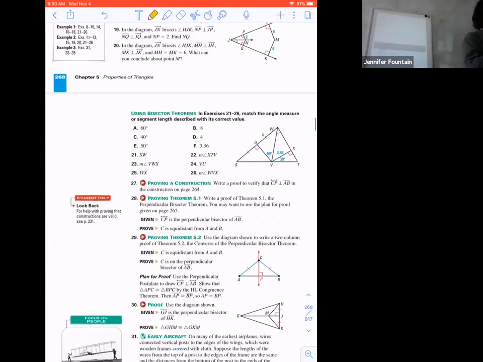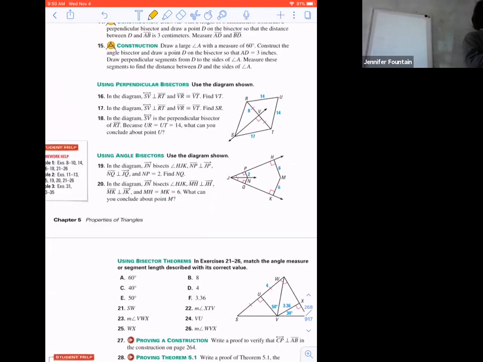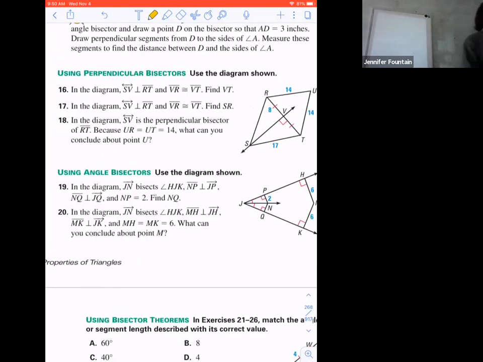Find SR. Why do you find what SR is congruent to? It says in the diagram, line SV is perpendicular to RT, but VR is congruent. See what you can conclude to find the measure of SR.